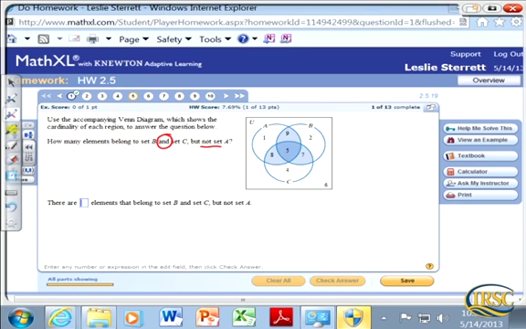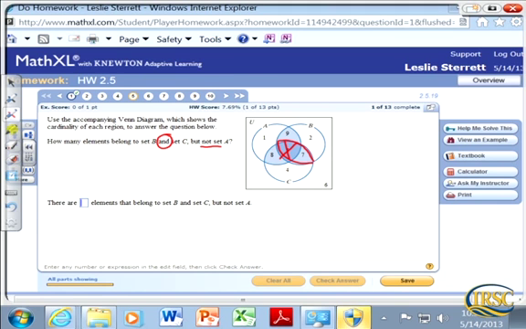B and C is the intersection, so it's just 5 and 7. But then it said, but not A, so which number am I going to eliminate from that? 5. Okay, so your only answer here is 7.